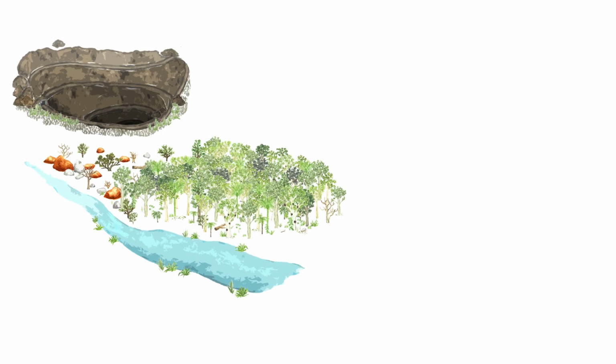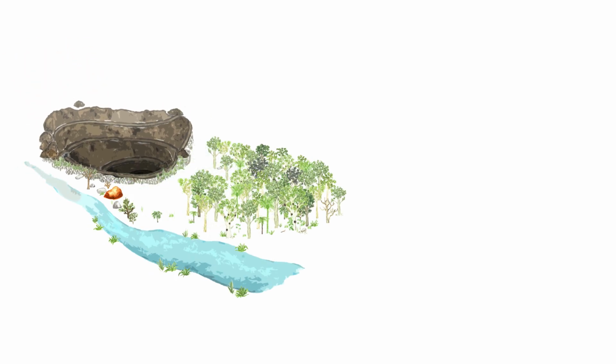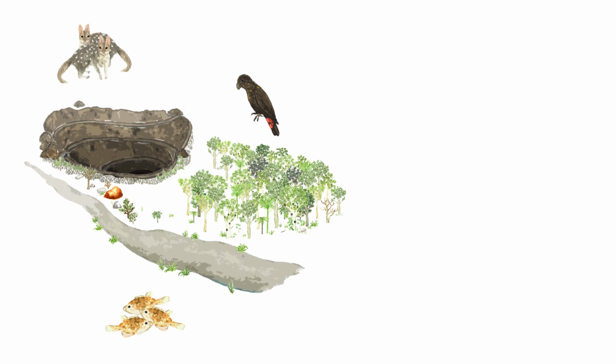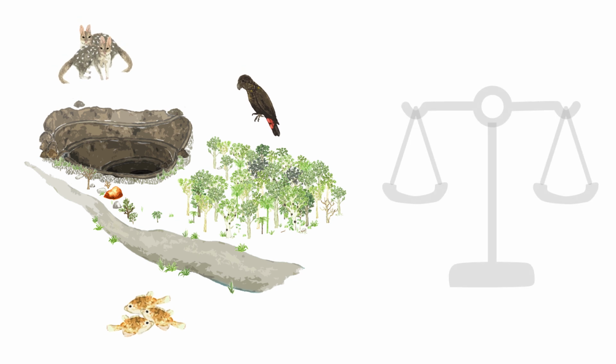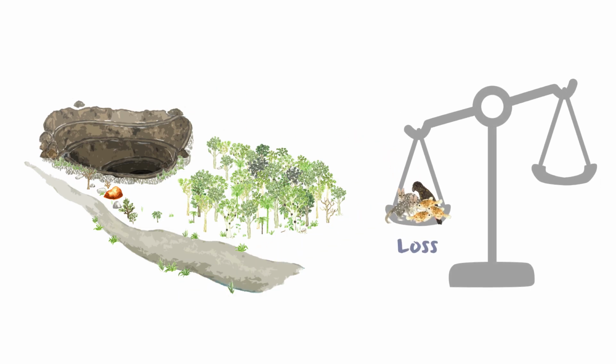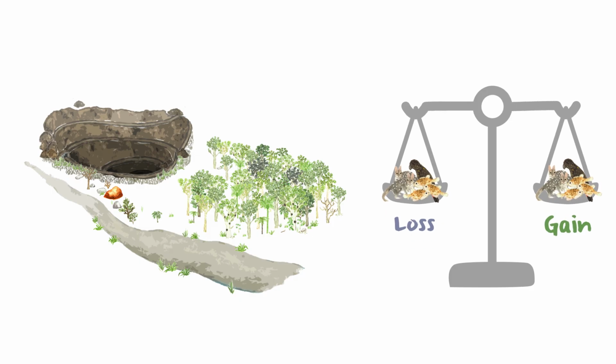A given impact might affect several different elements of biodiversity. So often an offset will require using a suite of indices, each appropriate to an important element of biodiversity, and then calculating the losses and the gains for each element in the appropriate index. This helps to ensure that the biodiversity gains delivered from an offset are like for like.